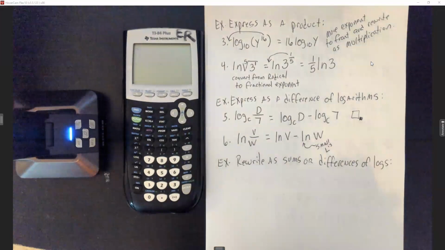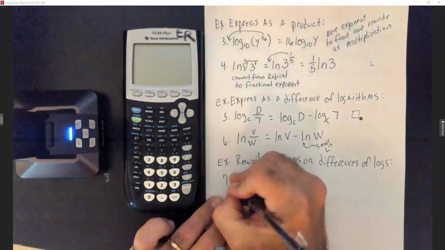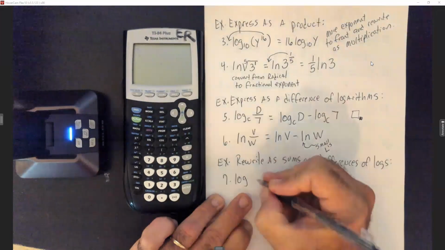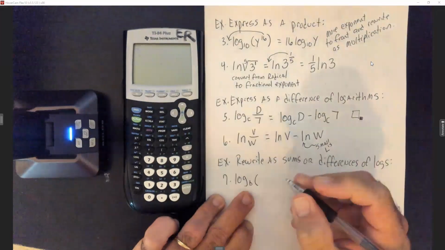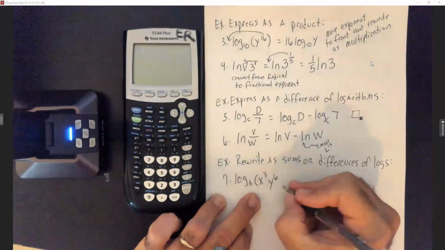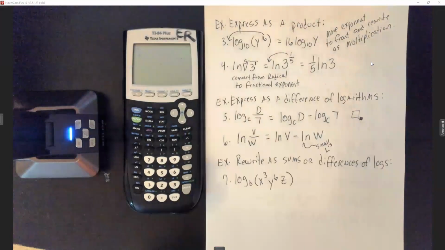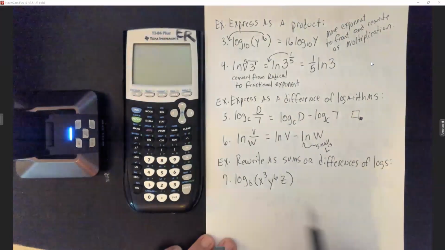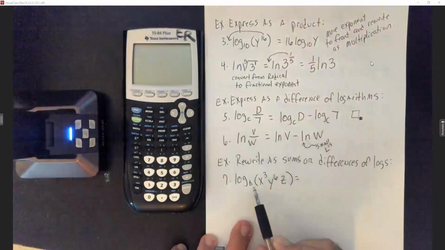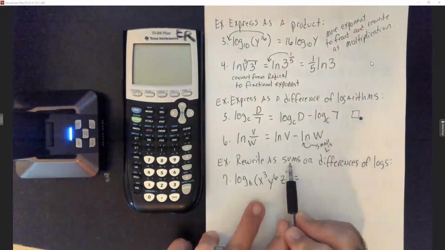So this one, number 7, has log base B of x to the 3rd, y to the 6th, z. So y'all, the first thing we got to do is these are all being multiplied. So when I rewrite this, it's going to look as a sum. The sums come from the products.